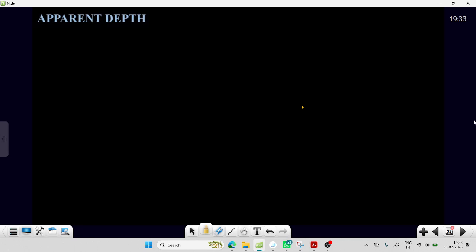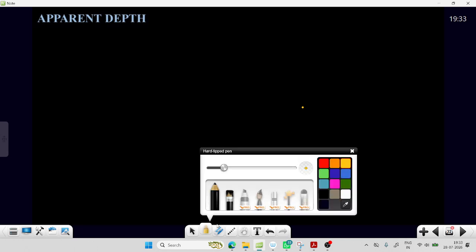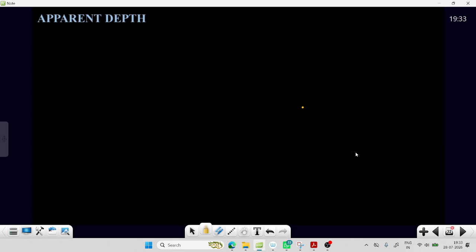Next one, apparent depth. If I call this dr, I'm calling it real depth, which means real distance. And dA I'm calling apparent depth, apparent distance.